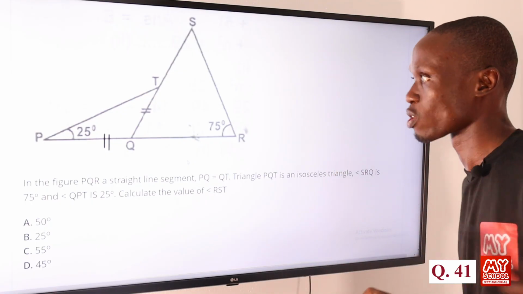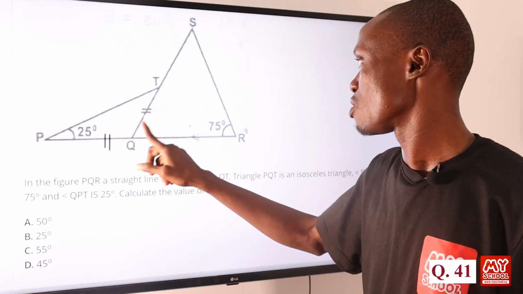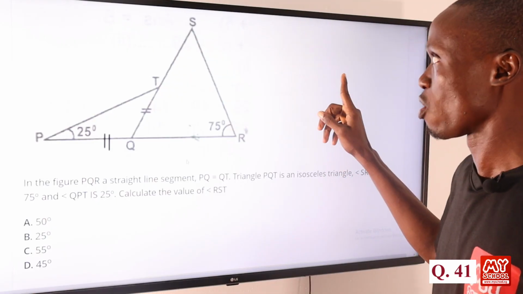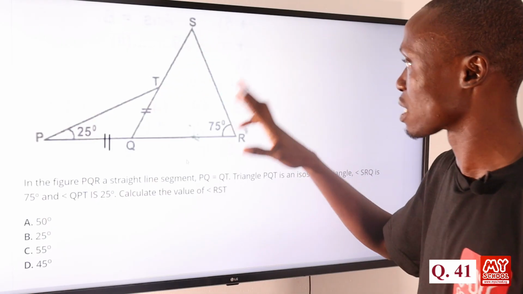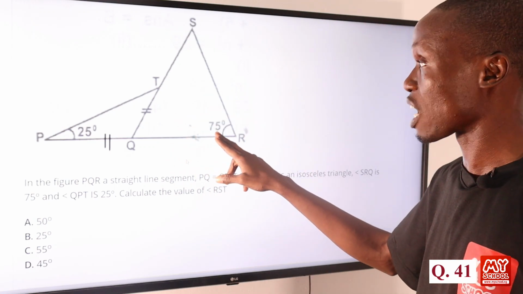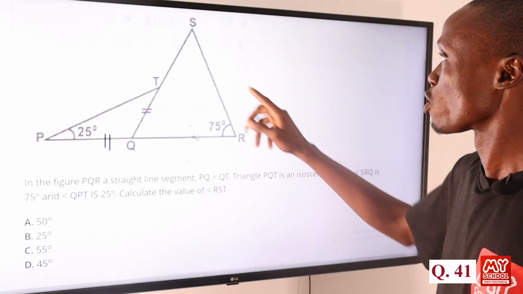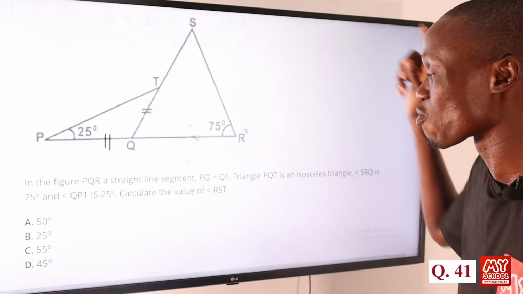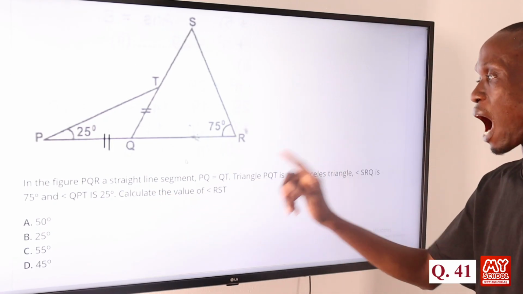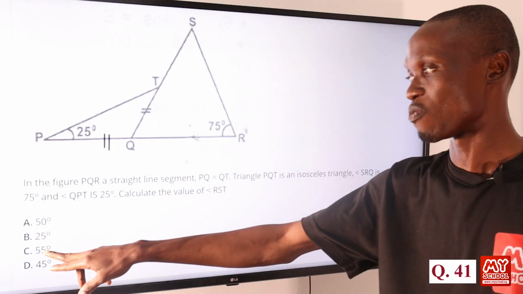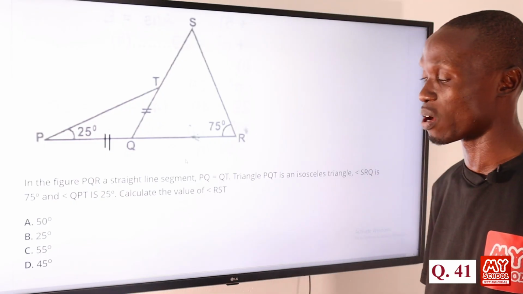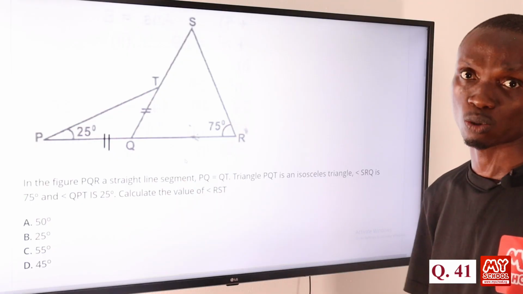So in that case, 130 will be equal to 75 plus the angle we are looking for, which is angle S. In order to get S, we just collect like terms. So we'll have 130 minus 75, and that will be equal to 55. So this angle S here is equal to 55 degrees. So the value of angle RST is equal to 55 degrees, and that makes option C the correct answer to this question.